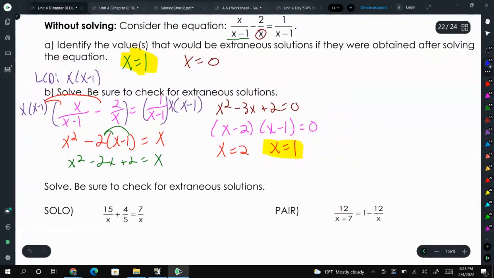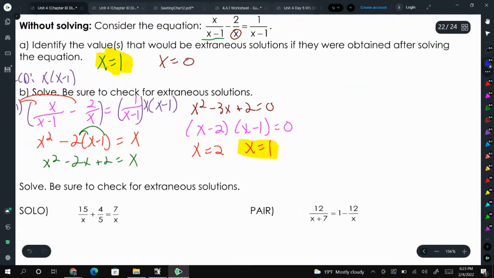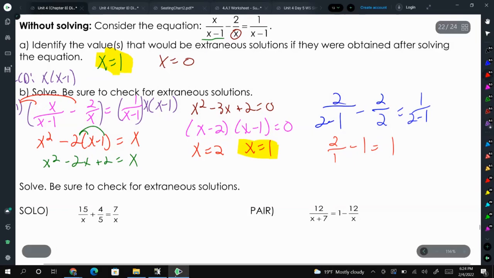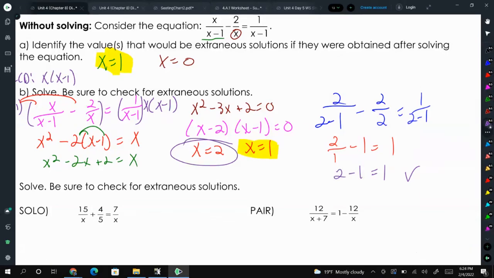So you can just try x equals 2, and you will see that x equals 2 will work, but let's just try it. 2/2 minus 1, so 2/1 minus 1 equals 1. Well, 2/1 is the same thing as 2, so 2 minus 1 equals 1. That's a true statement. So x equals 2 is your only solution.